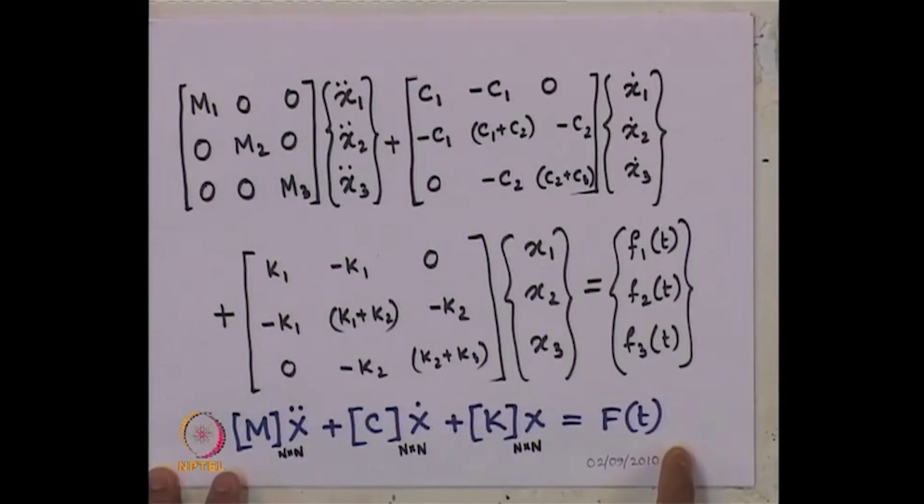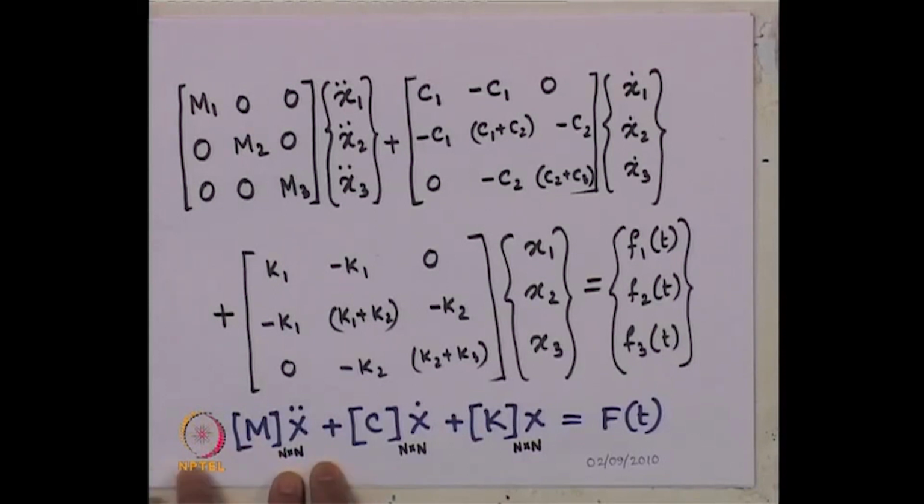So, the equation of motion remains the same, only difference is instead of these values being single numbers, now these are matrices or vectors, and the size of the matrix or the size of vector depends on how many degrees of freedom we are considering. So, for an n degrees of freedom system, the mass matrix will be of the size n by n, and the acceleration vector will be of the size n by 1.